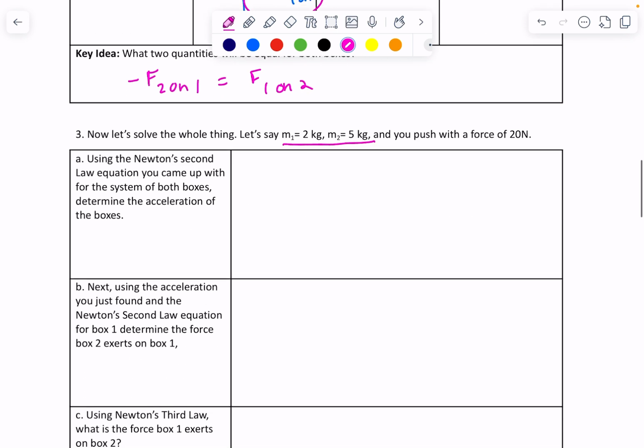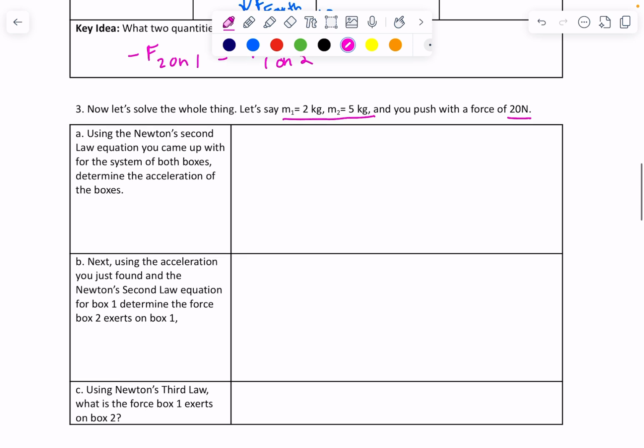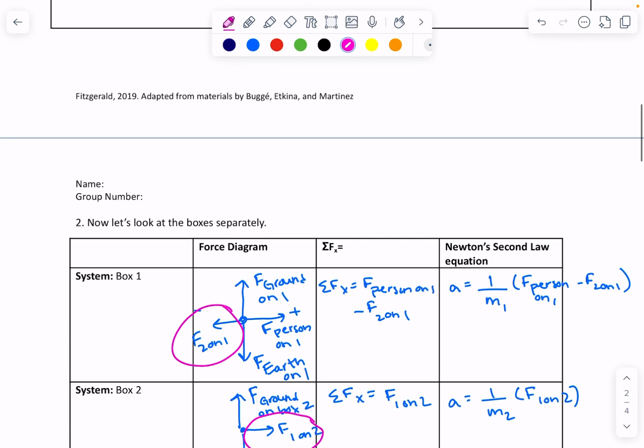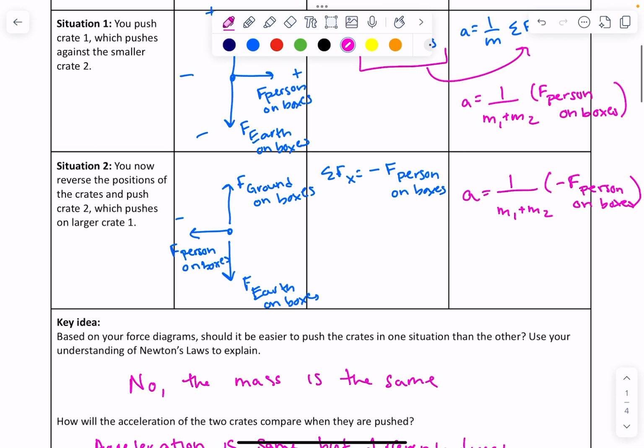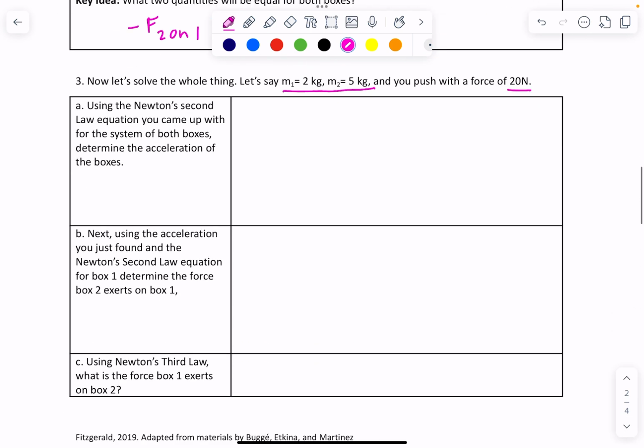I'm putting in some numbers here. We have the mass of each and we have the force. So it says using Newton's second law equation you came up with for the system of both boxes, determine the acceleration of the boxes. Okay, so we're going to grab this equation over here, and we're going to write acceleration is 1 over m1 plus m2 times force person on boxes.